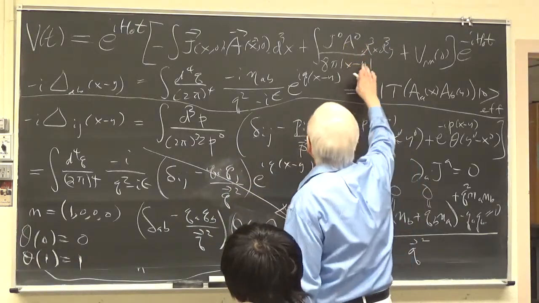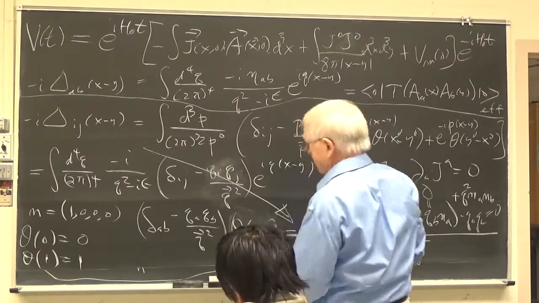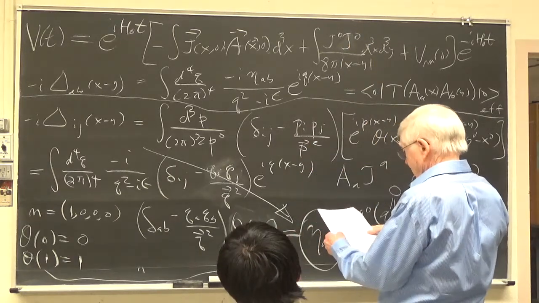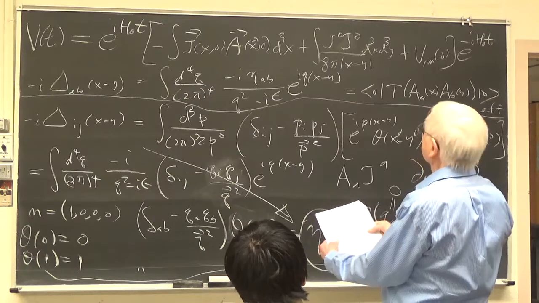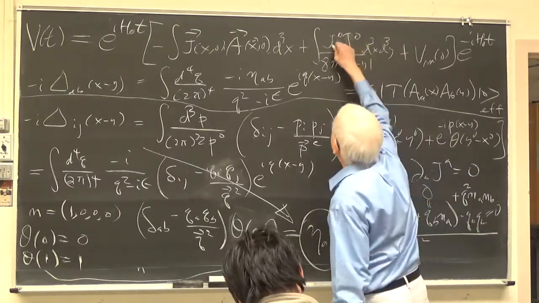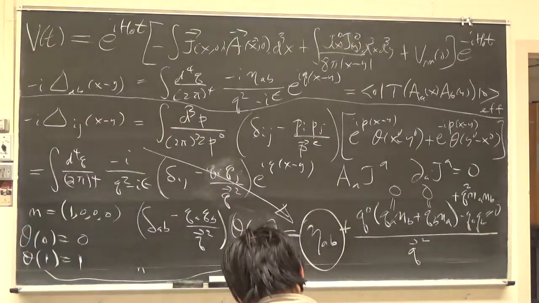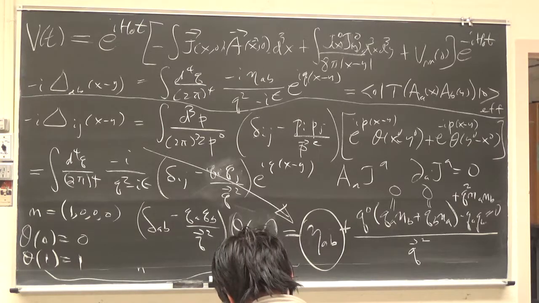I should have written it as, in fact, I think that's actually a mistake. I wasn't even reading my notes correctly. That was J0, J0. Okay. So let me give you, in fact, you get 2 candies for drawing my attention to that.